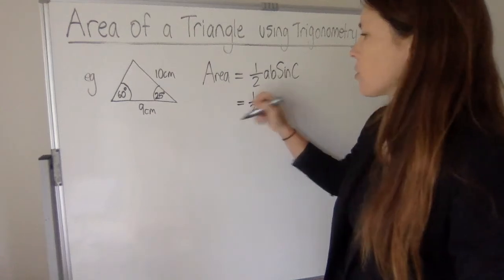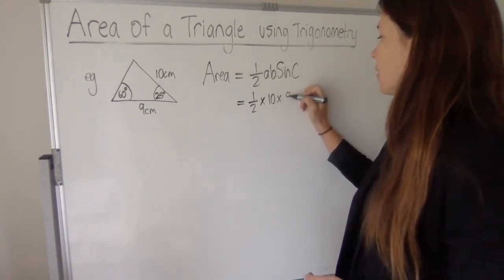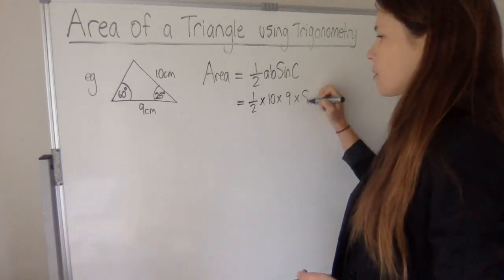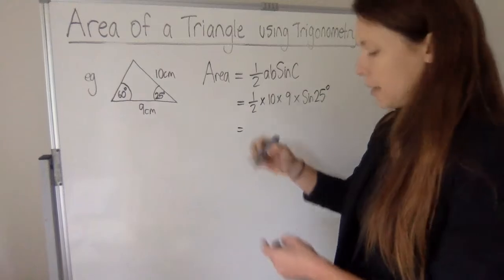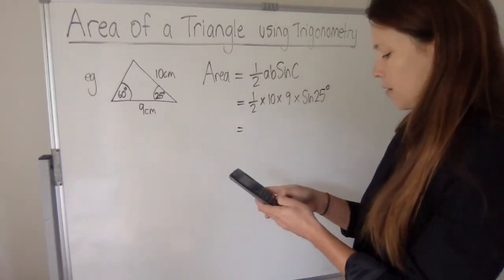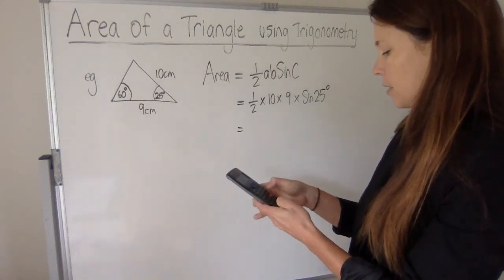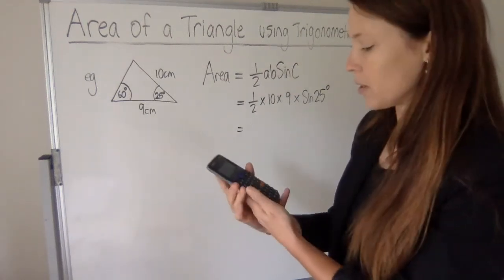Now you can say, what two sides am I going to use? 10 and 9. So I've got half times 10 times 9 times the sine of 25 degrees. At that point, reach for your calculator, and we have half times 10 times 9 times the sine of 25, and it gives me 19.01.